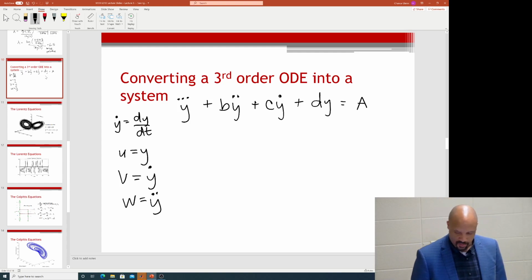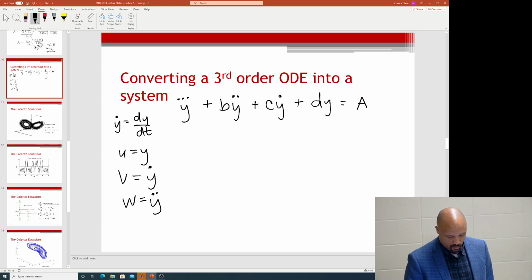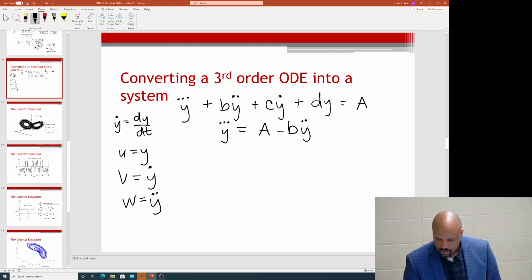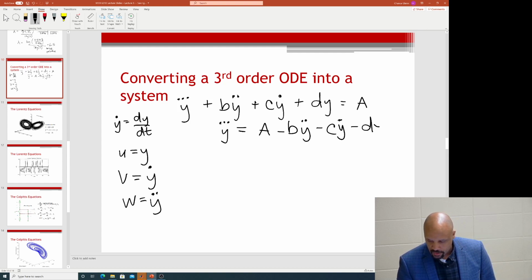So then your three-dimensional set will be w dot. Well, first of all, let me change this over. Let's make this y triple dot equals a minus b y double dot minus c y dot minus d y.